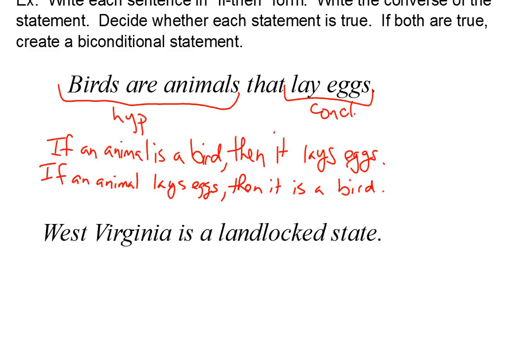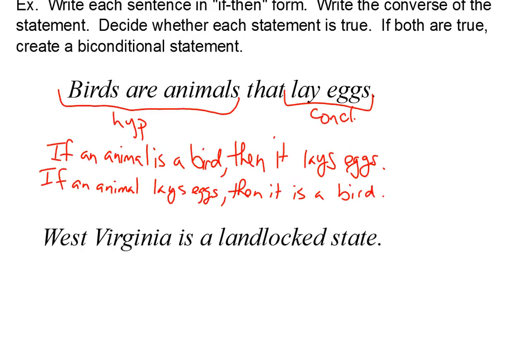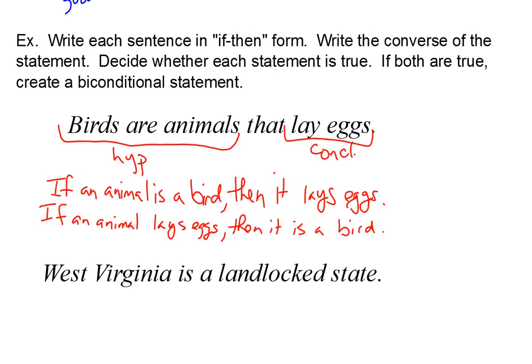Okay? All right, so that's the statement and the converse. So I've done the first part. Now it says, tell me whether each one is true. The first sentence, if an animal is a bird, then it lays eggs. Is that a true statement? Yeah, I believe that is true, right?